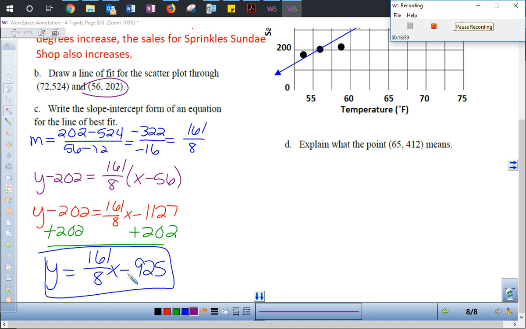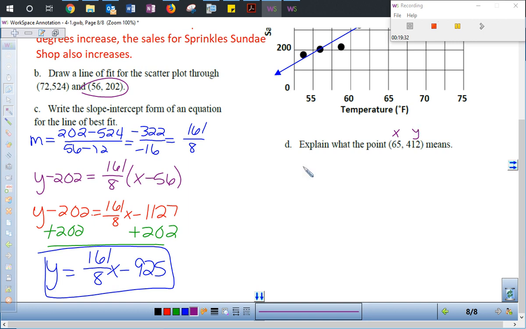Now part D says, explain what the point 65, 412 means. So 65 is my x value and 412 is my y value. Well, the x value represents temperature in degrees Fahrenheit, and the y value represents sales in dollars.